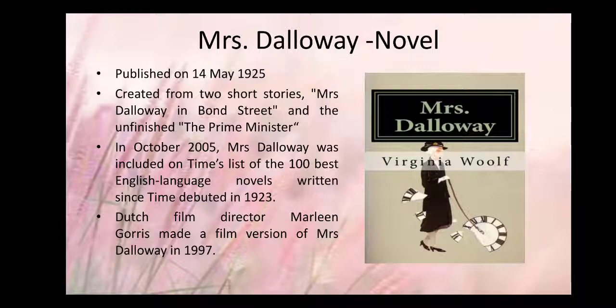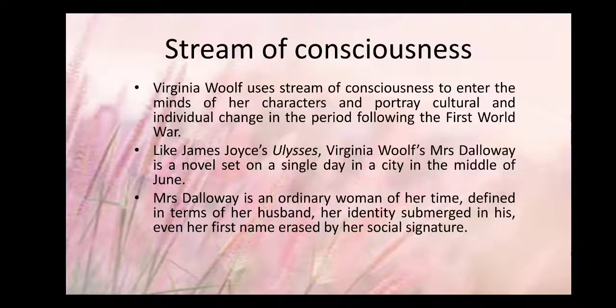And then we have more laurels to this novel, that it was made into a film by the Dutch director Marleen Gorris in 1997. And it was adapted from Woolf's novel by British actress Eileen Atkins. And it went well. So we see in Mrs. Dalloway, Woolf is using a stream of consciousness technique, but still the lack of events or the lack of a racy plot does not lead to its failure.